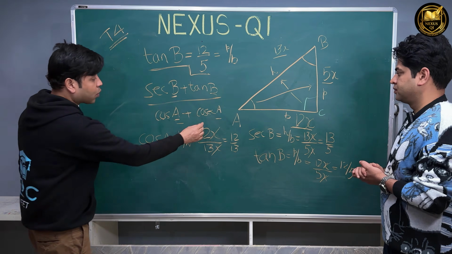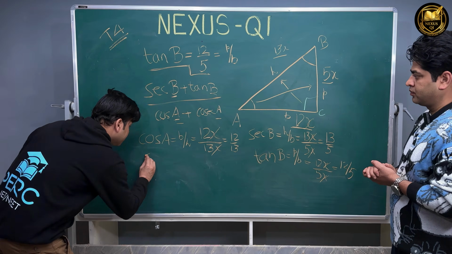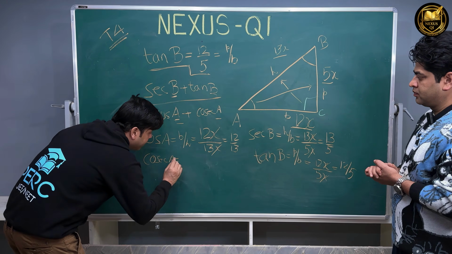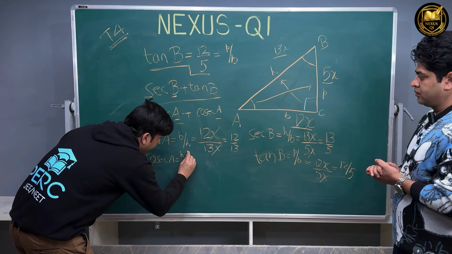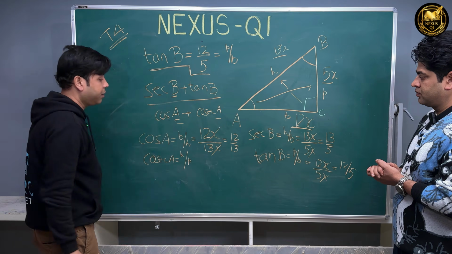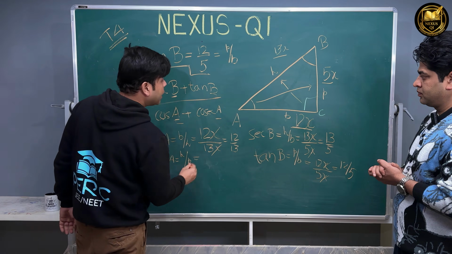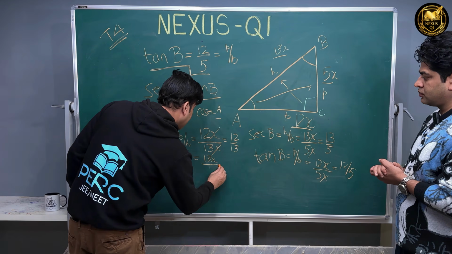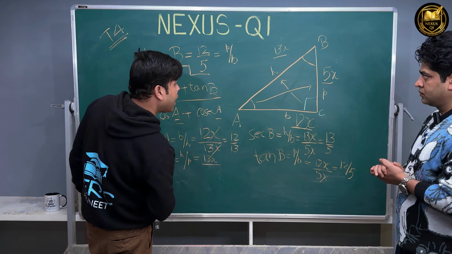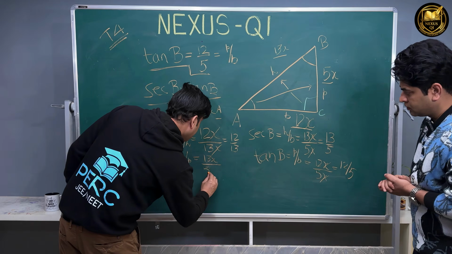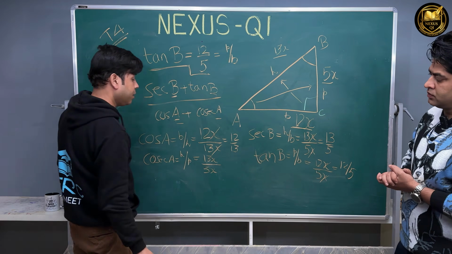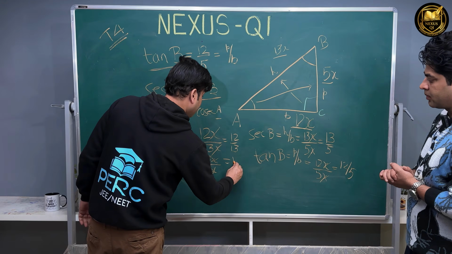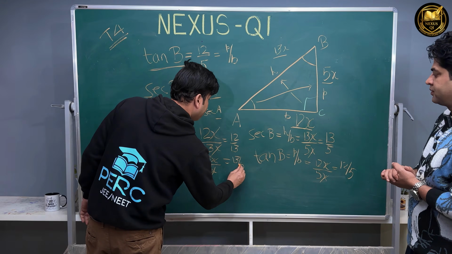The last is cosec of angle A, the ratio of hypotenuse by perpendicular. So 13x is the hypotenuse and 5x becomes the perpendicular. Again x gets cancelled, so this comes down to 13 by 5.